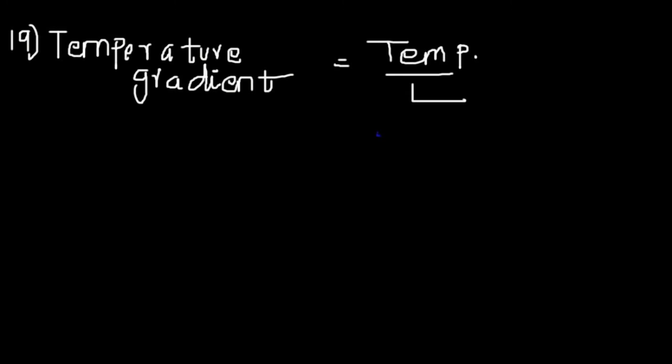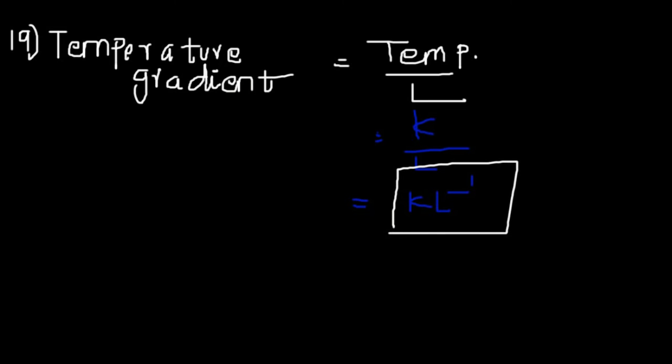Temperature is K and length is L. So finally we can say K L power minus 1. So this is your dimensional formula for temperature gradient, K L power minus 1. If you say it in the MLT form, you would get M power 0, L power minus 1, T power 0, K power 1.